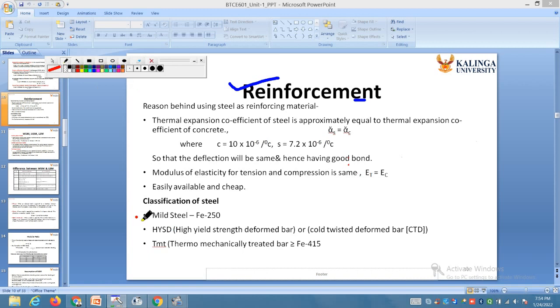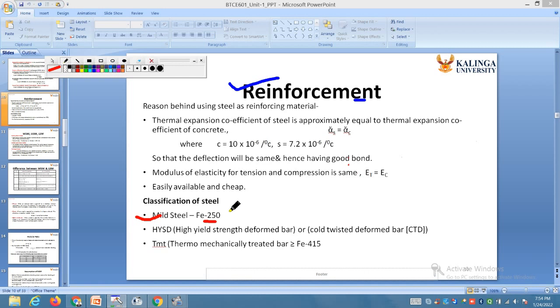One is mild steel. We abbreviate it as Fe250. Fe stands for iron or steel, and 250 stands for yield strength: 250 megapascal or 250 newtons per mm square.